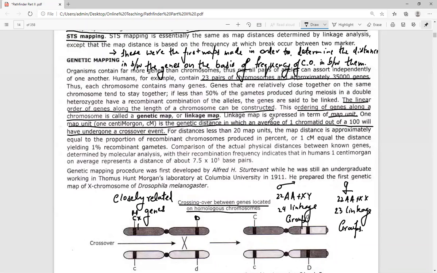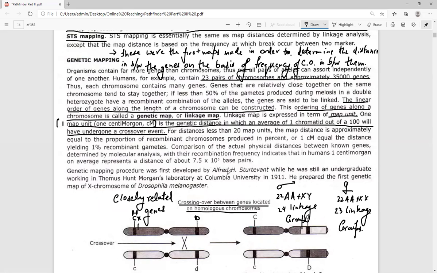That means if one chromatid out of 100 has a crossing over event, then the map unit is said to be one map unit. If there is a 1% frequency of crossing over, then the distance is calculated to be 1 centimorgan. 1 centimorgan means the probability of crossing over between the two DNA sequences is just 1%.